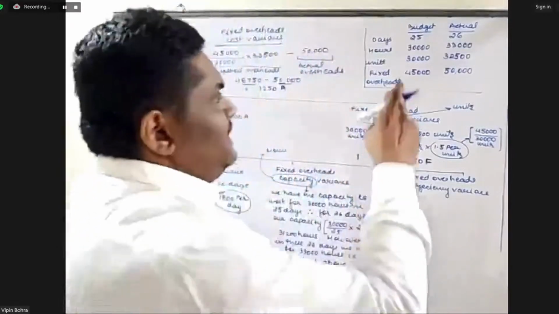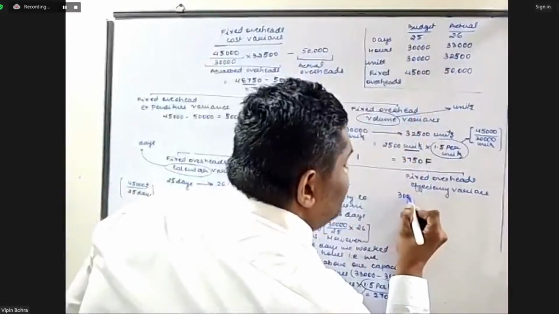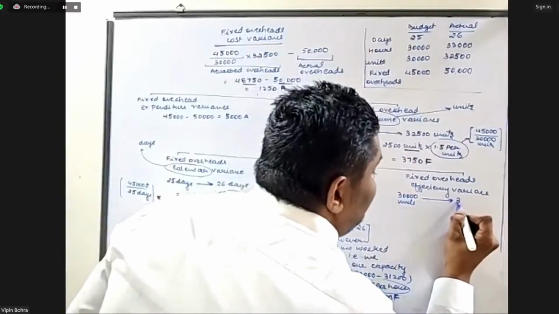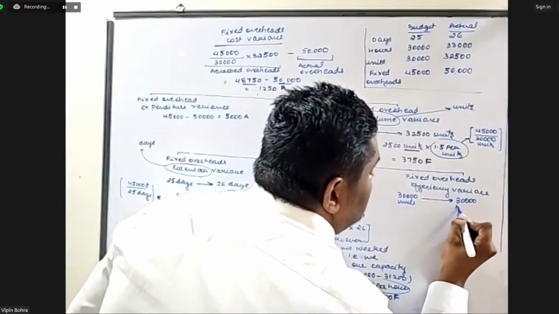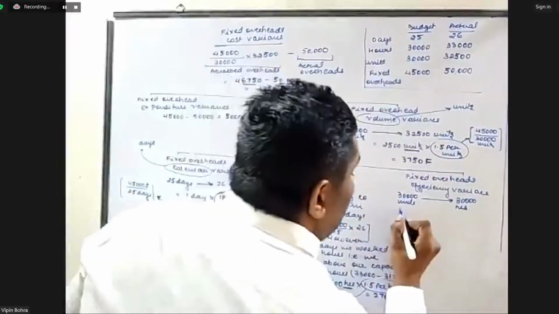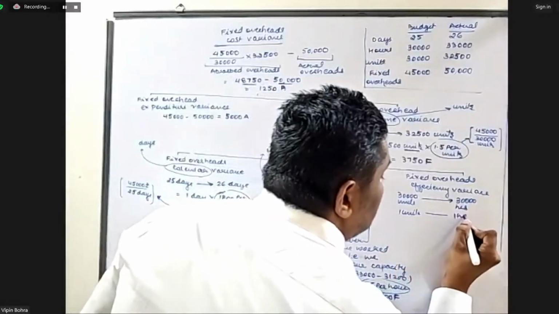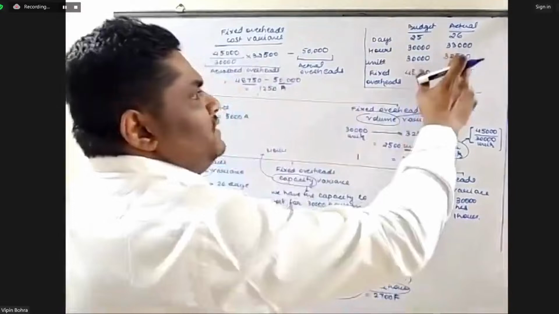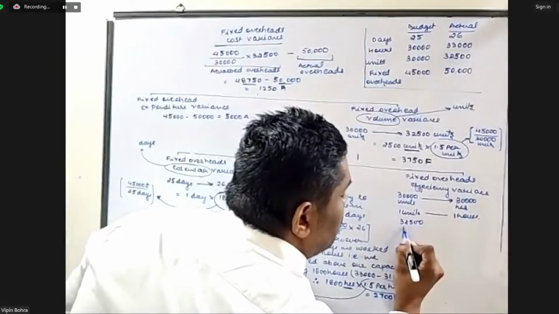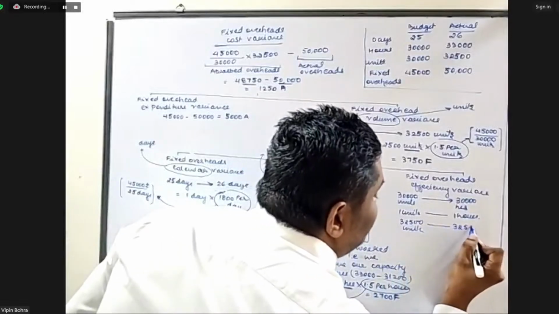So, see, in this question, very simple. We have 30,000 units and they were supposed to be manufactured in 30,000 hours. This information is given in the question. It means one unit should take not more than 1 hour. So it means the 32,500 units should be completed in 32,500 hours.